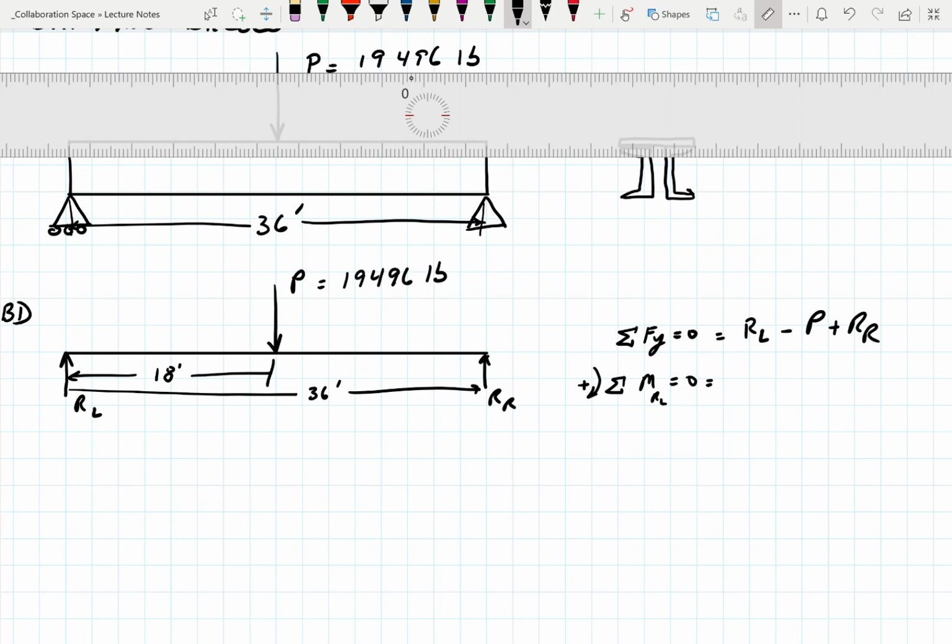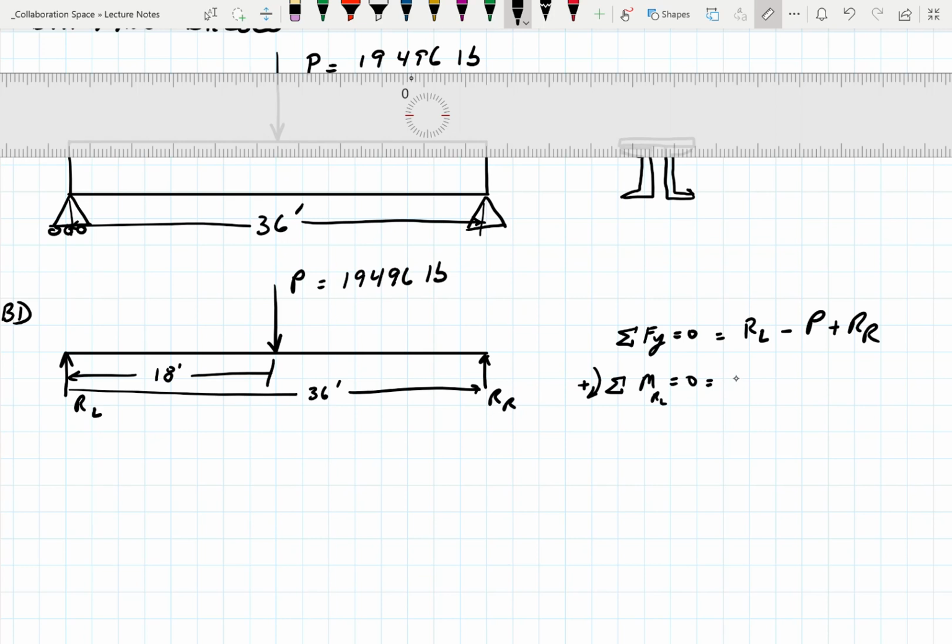Would you pick clockwise or counterclockwise? There's no right or wrong with this answer, by the way. Just whatever your preference is. As long as you're consistent and watch your negative signs, everything's going to work. If you screw it up, it's because you messed something up in the algebra. All right, so we're going to do about RL.